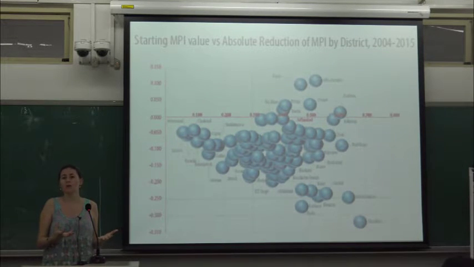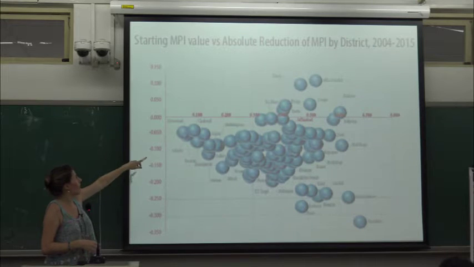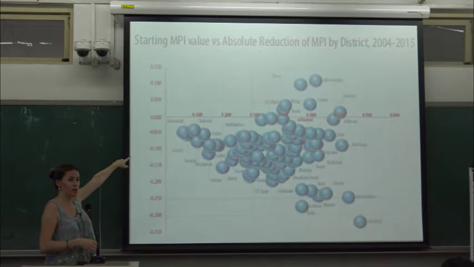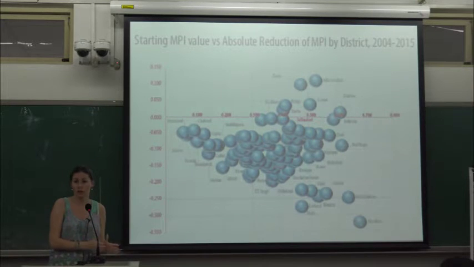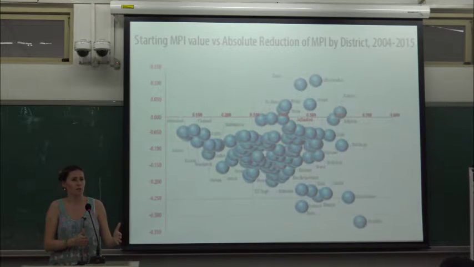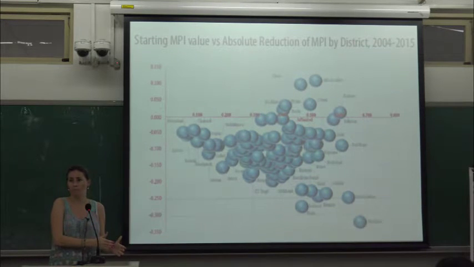We would want those districts that have the largest values of the MPI to be the ones showing the largest absolute reductions, right? So, for example, Islamabad, Lahore, Karachi, which are concentrated here, very close to zero, have very low levels of poverty to begin with. So, of course, they are not going to show a very large reduction because they were already quite low.